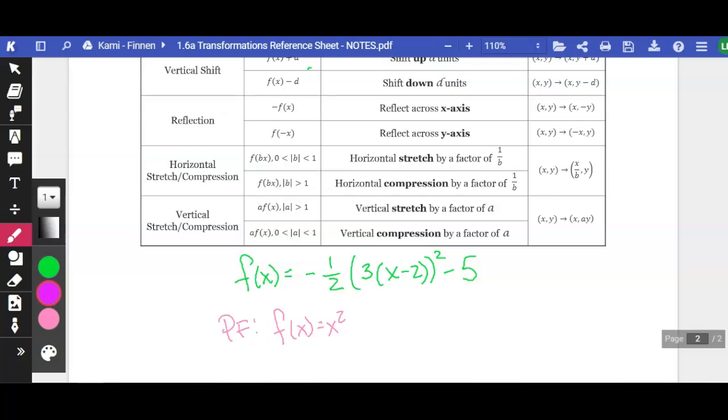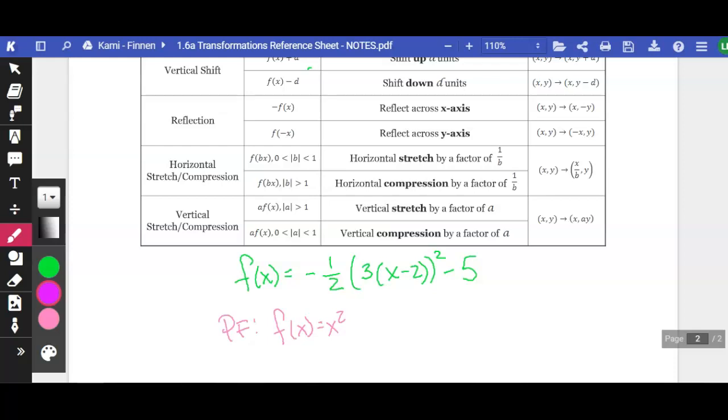Well, it's happening after I squared it, so it's affecting y. So when you have a negative f of x, or you're changing the sign on y, this would be a reflection in the x-axis. This 1/2 is a factor for y because it's happening after you square the x. So this 1/2 would be a vertical compression because it's less than 1.